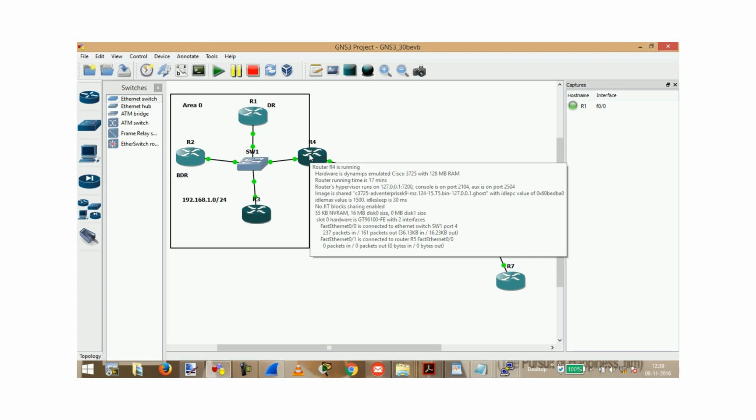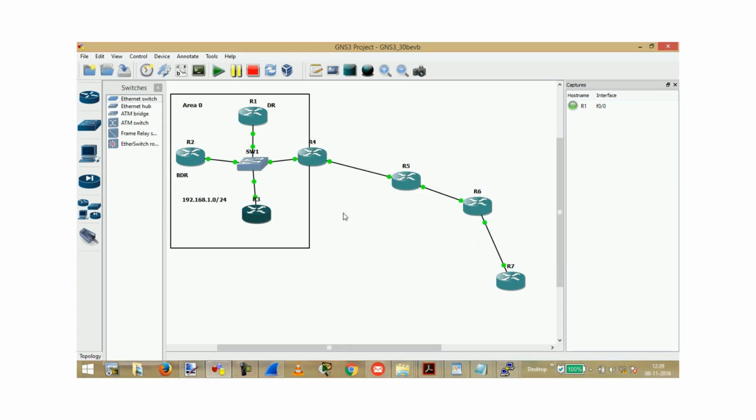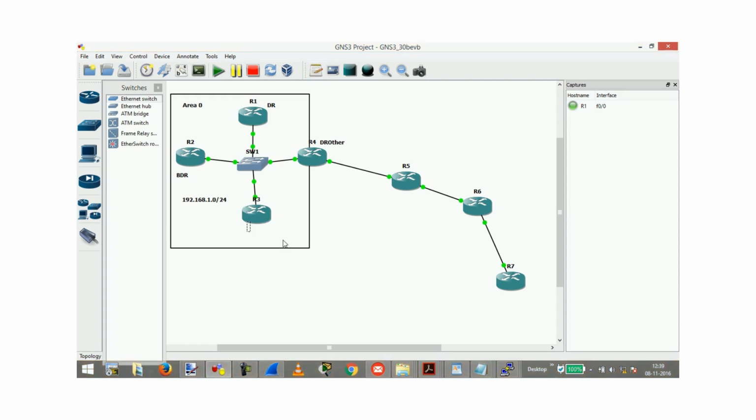They just share link information with the DR and the BDR. Because R4 and R3 both are DR other routers, they don't have to share link information directly with each other.